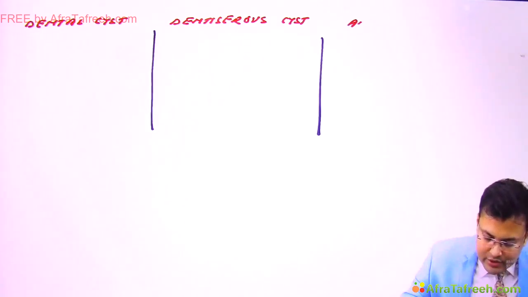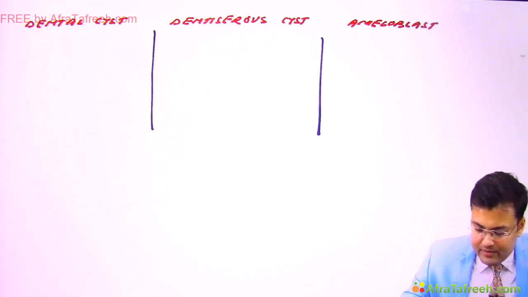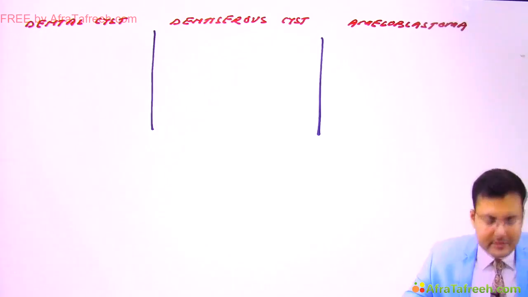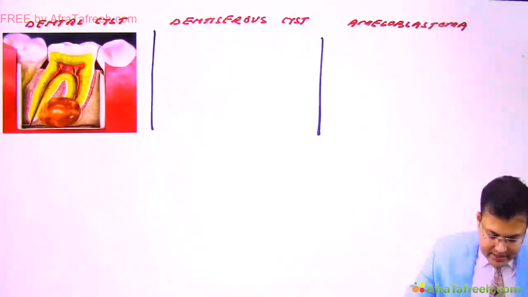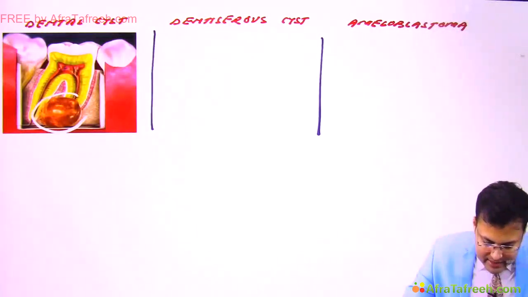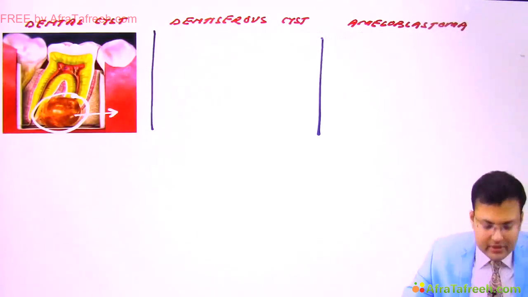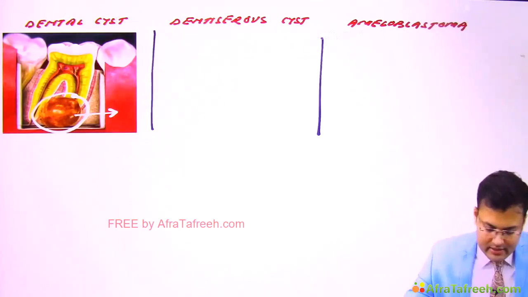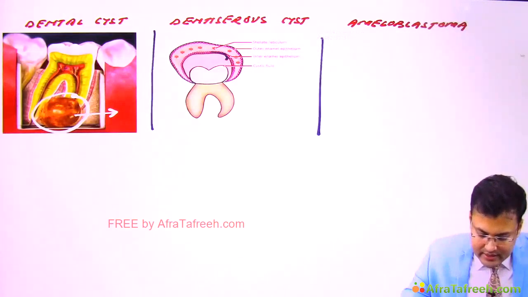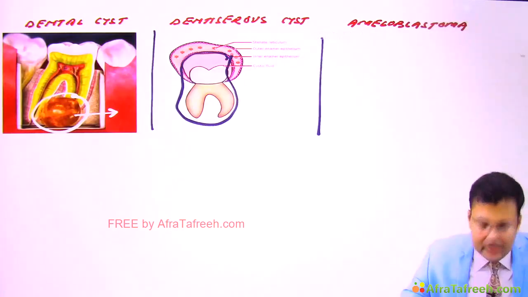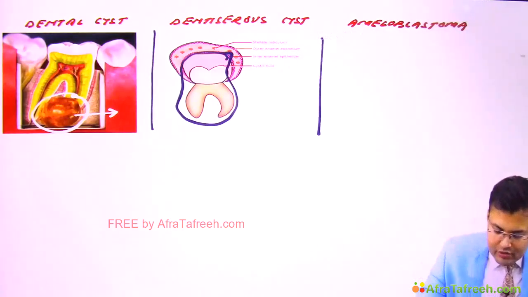And ameloblastoma, it's a tumor. So benign tumor arising from ameloblast. One by one we are going to discuss. Now here you can see the cyst is going to develop at the apex of caries tooth with necrotic pulp. Clear? And in this case you can see this cyst is going to contain what? Unerupted tooth.